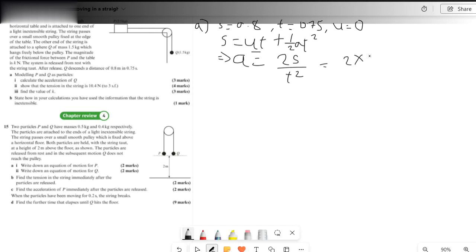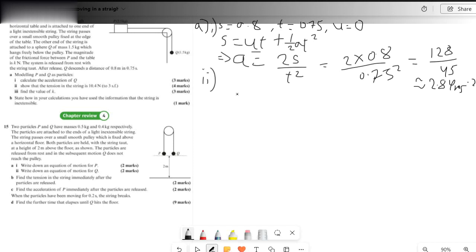So 2 into 0.8 divided by 0.75 whole squared, and the value of acceleration is 128 divided by 45, or to 3 significant figures, 2.84 meters per second squared.